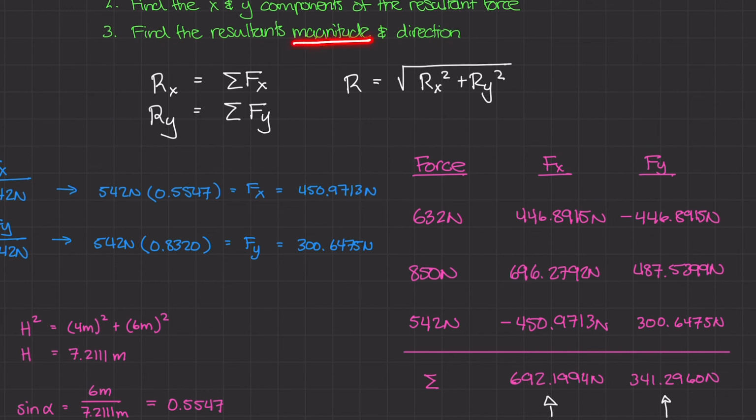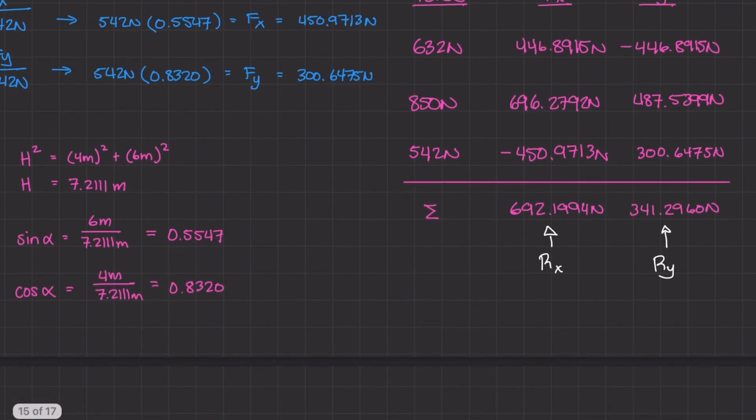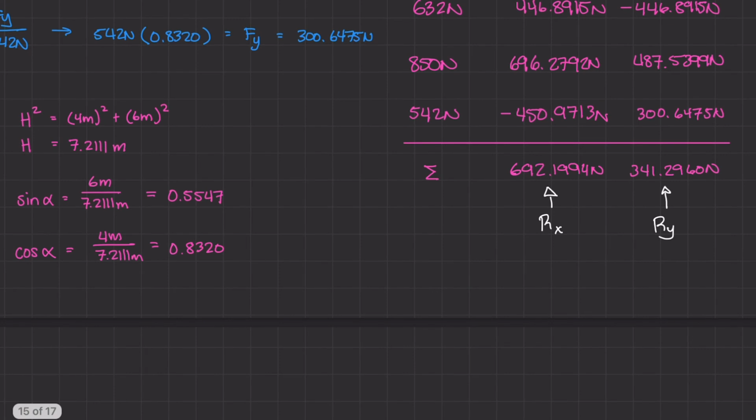Now, step three is find the resultant's magnitude and direction. The magnitude we can find using this equation right here, right? It's just a triangle. We can square both sides, add them together and take the square root, and we've figured out what R is. So let's go ahead and do that. R is equal to the square root of Rx squared, so this would be 692.1994 newtons squared plus Ry squared, and that was 341.2960 newtons squared.